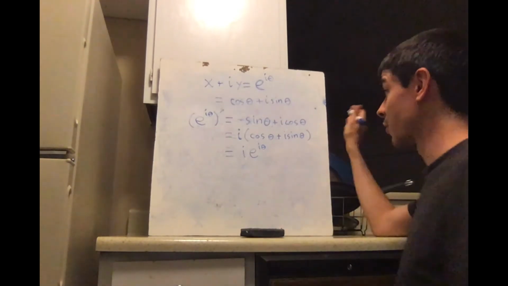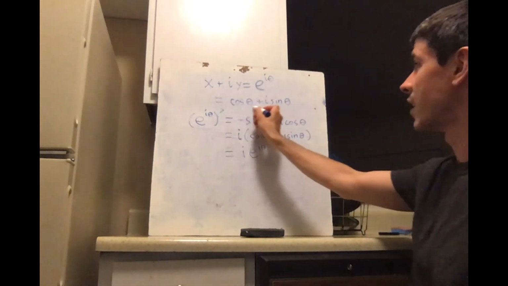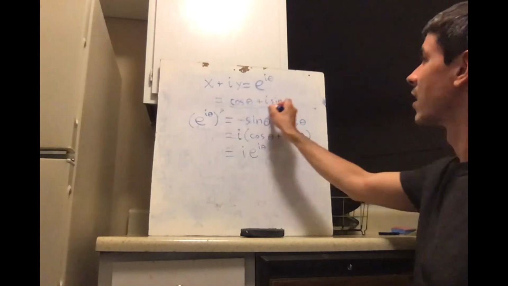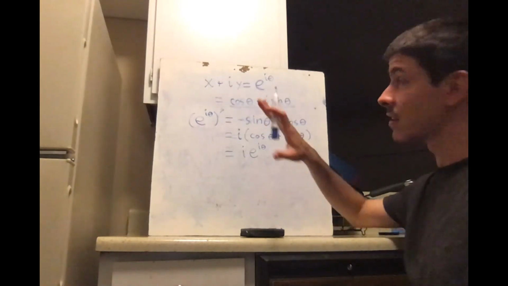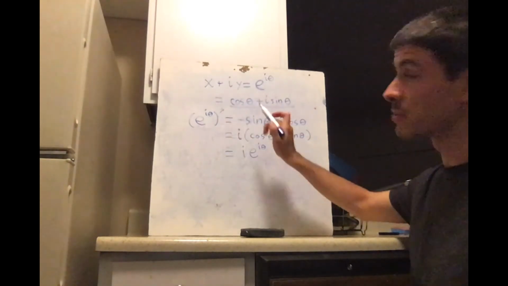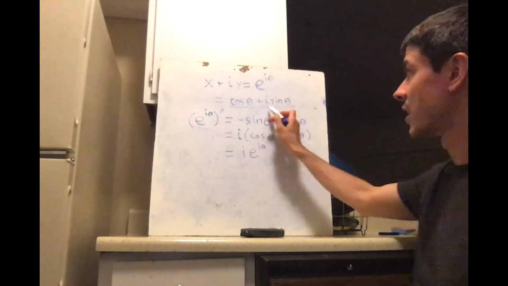But then another kind of cool thing about this expression right here is we can plot these. It's what is called a complex number. It's part real number, a real number plus an imaginary number.